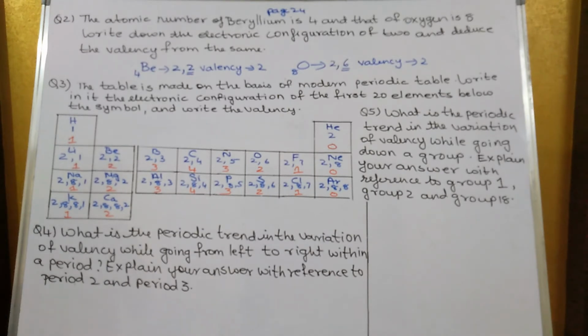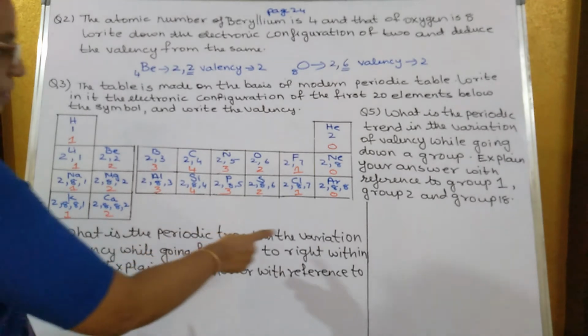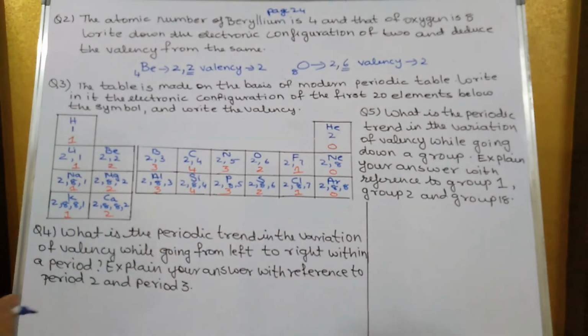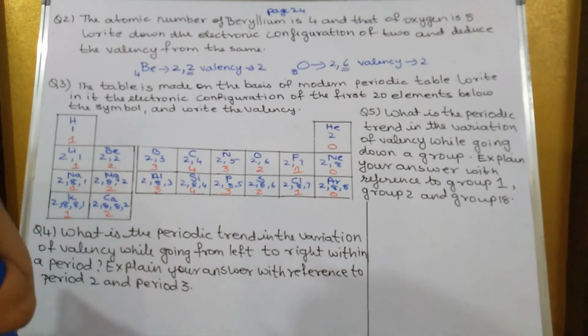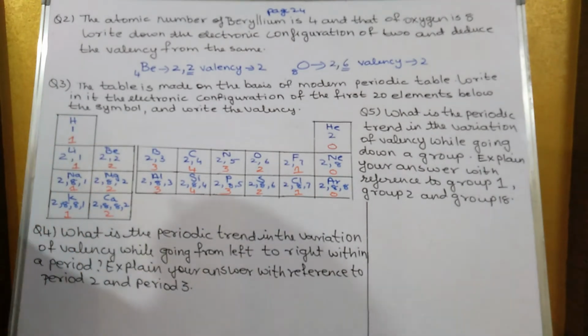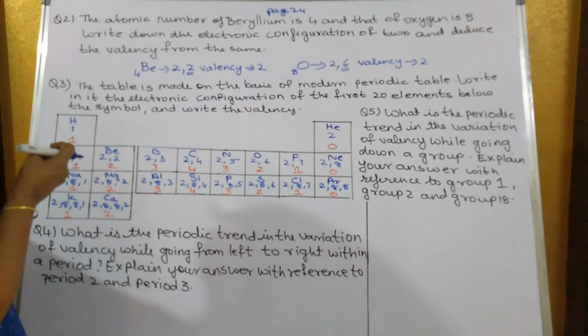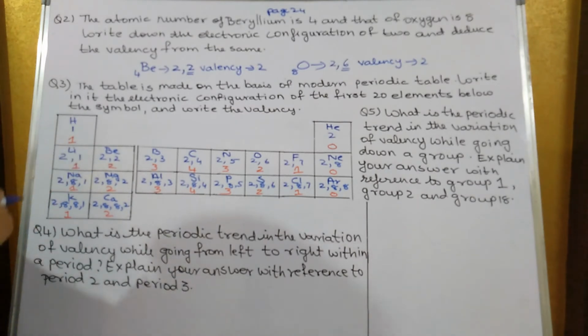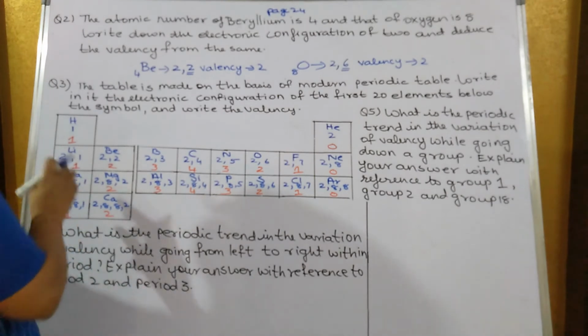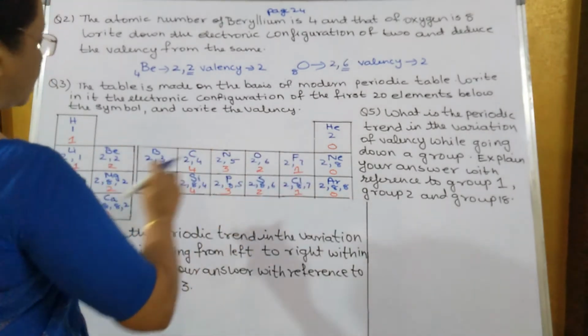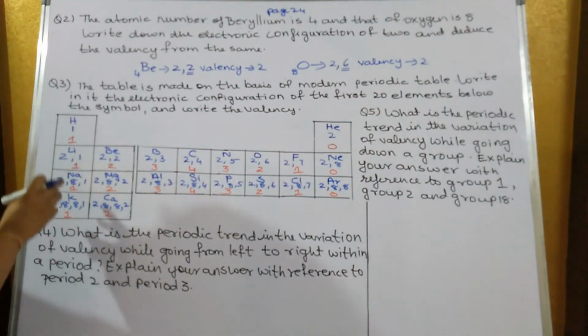Now what is the periodic trend in the variation of valency while going from left to right within a period? We were discussing the periodic trend, the first property, valency.